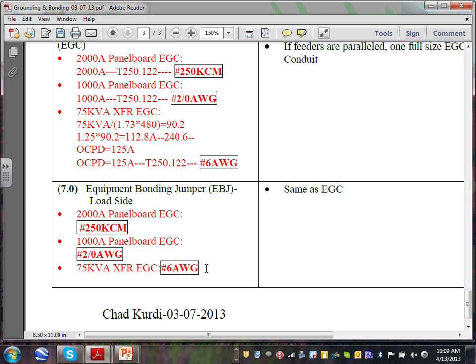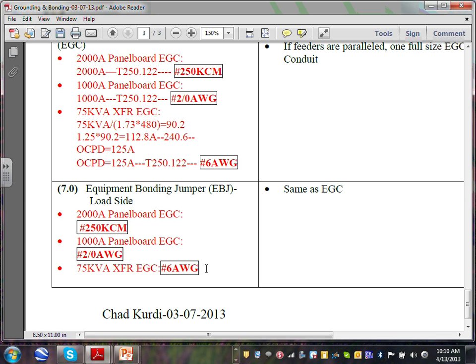If you read through the definition of a separately derived system, it says complete separation between all the conductors of one system from the other. I focused on the neutral because the neutral could be tied, but can you tie the hots of this and the hots of this together? You get yourself a short circuit, right? You cannot tie them.